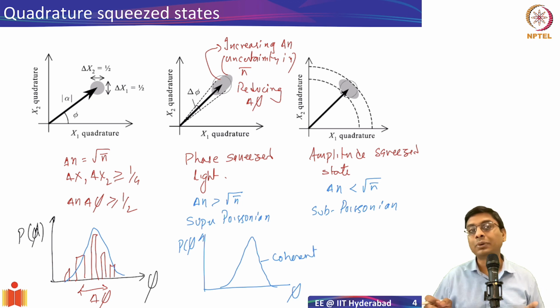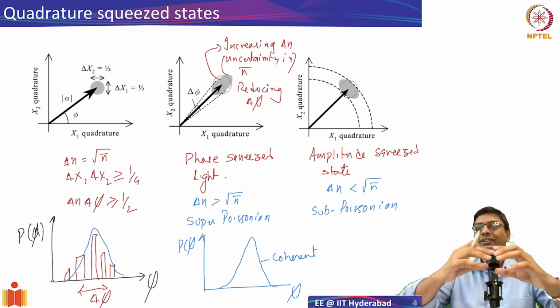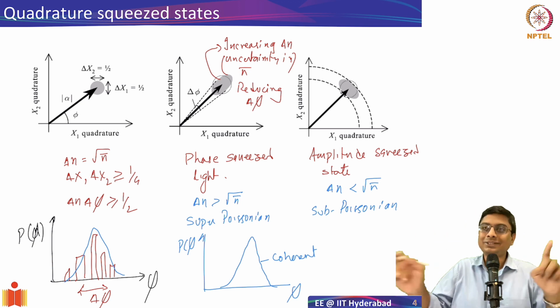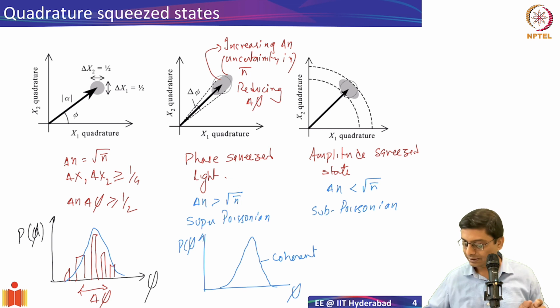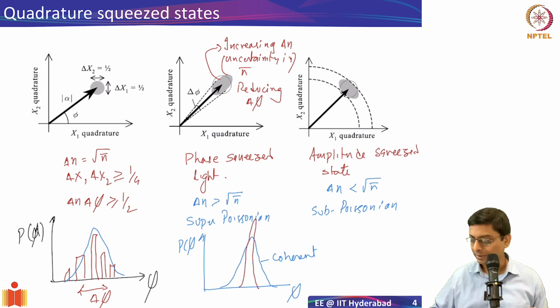Now what will happen to my phase squeezed light? In the case of number, the statistics is actually super-Poissonian. But in the case of phase squeezed, the delta phi is going to be smaller. So I'll represent it by a narrower distribution like this. They should be centered in the same place. This is my phase squeezed light.